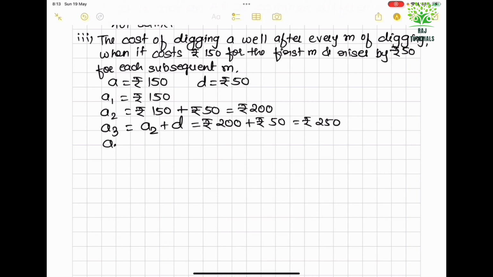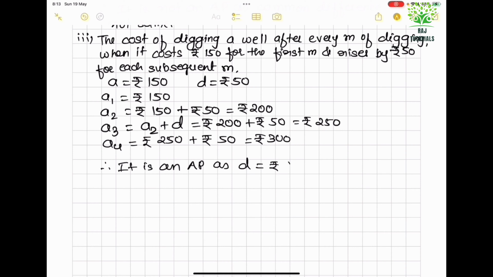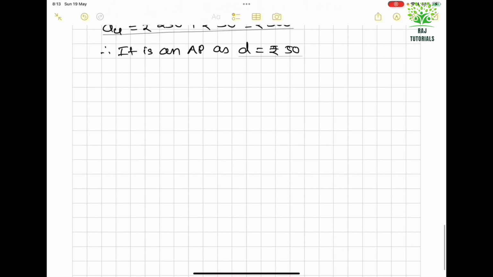Same way A4 will be rupees 250 plus rupees 50, so that is rupees 300. Therefore, it is an AP as D is rupees 50. Always D is coming 50, so it is an AP.